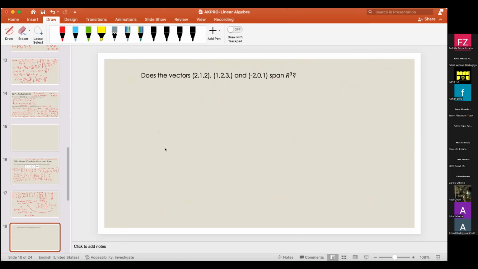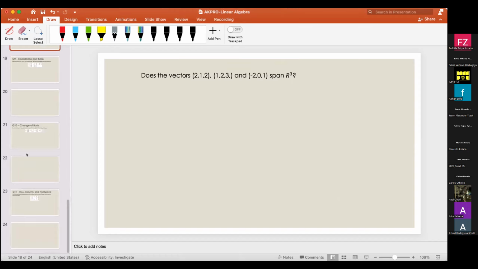Okay, next is whether or not these three vectors span R3. For spanning, we have to first express these three vectors as a matrix.